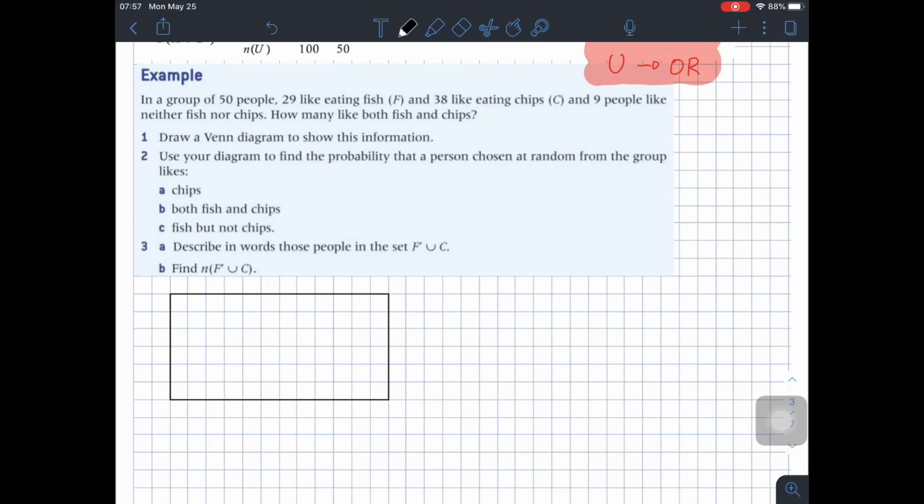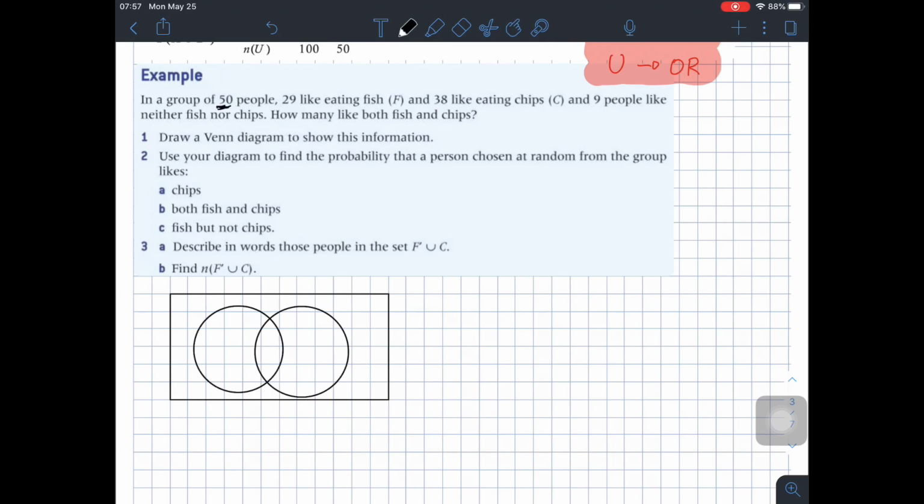I'm going to make one circle for fish and another for chips, right? We're having two circles in this case. So first circle over here, second circle over here. I'm assuming that they have an intersection because I see that 29 plus 38 is a number greater than 50, right?